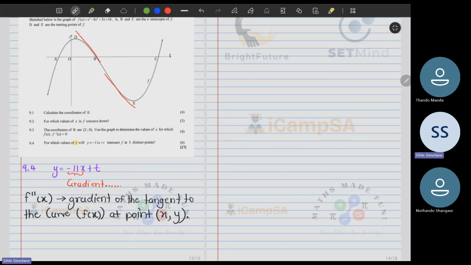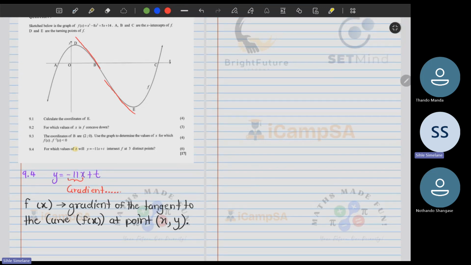It is not the second one, the first derivative. So remember, our first derivative we did find, which was 3x squared minus 16x plus 5.